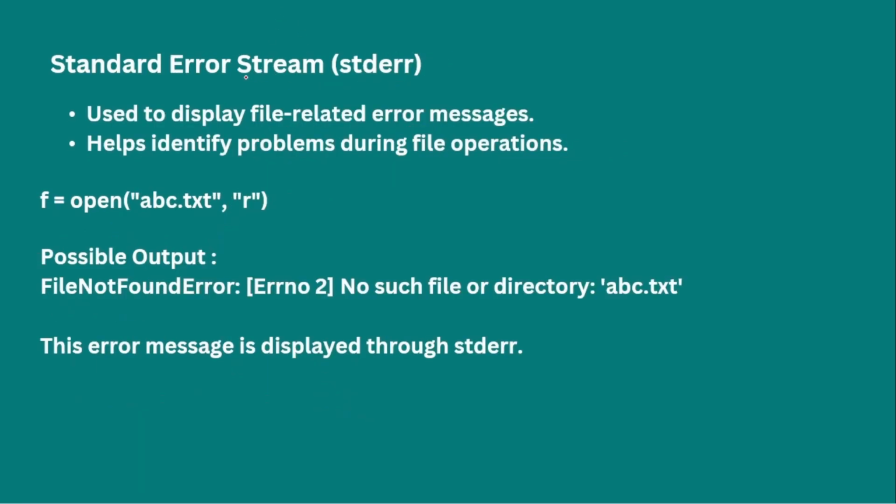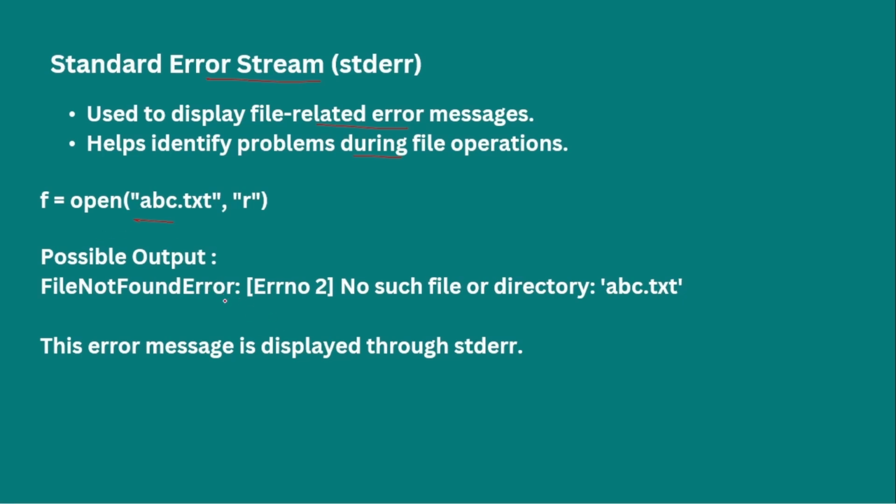So we have this standard error stream, std error. This is used to display file related error messages, and helps identify problems during file operations. So we have open abc.txt in read mode. If we are trying to open this abc.txt in read mode, but this file does not exist, it will give us this error: FileNotFoundError, no such file or directory abc.txt.